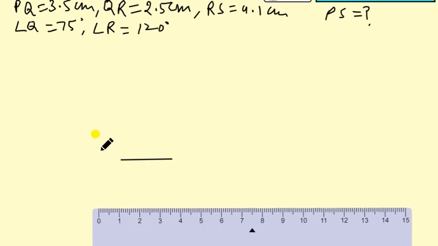Now remove the scale. So it is QR, and you have to write 2.5 centimeters.